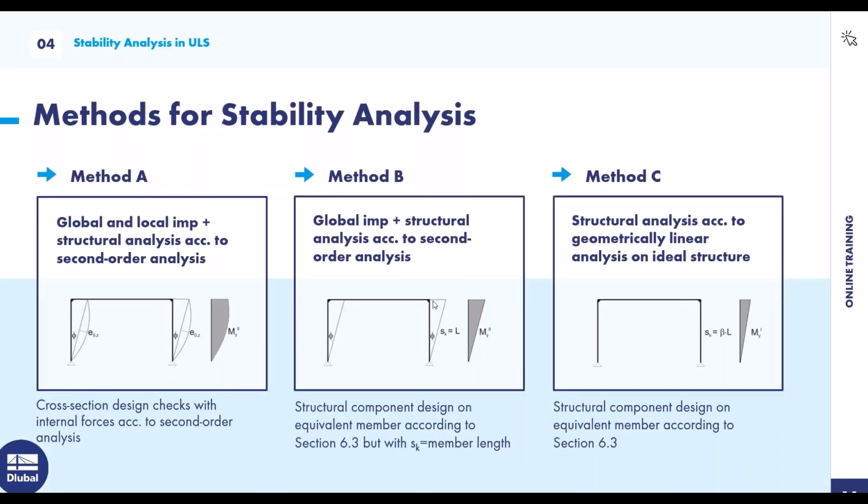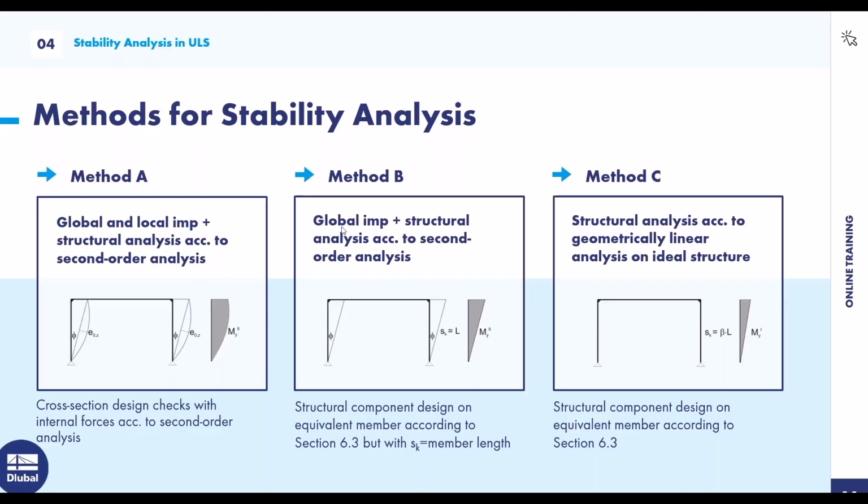Okay, methods for stability analysis. There are three methods. Method A: you have to apply a global and local imperfection, and the structure analysis should be done with the second order analysis. And then you can do the cross-section design checks with the internal forces.